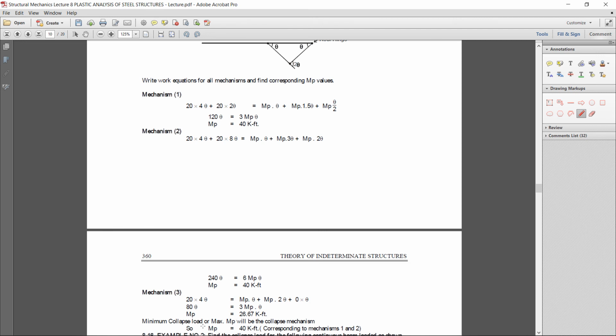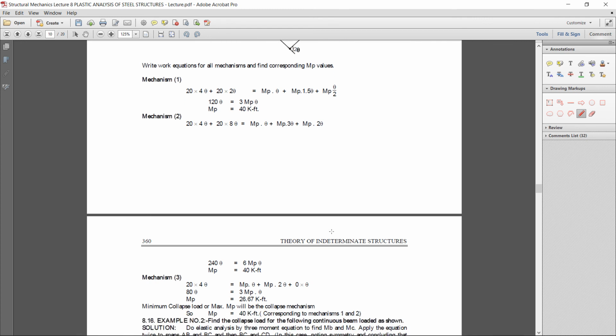So the minimum collapse load, or the maximum Mp, will be the collapse mechanism. So Mp is 40 cubic feet corresponding to mechanism 1 or 2, that by chance is the same. If there are multiple, 5 or 6 mechanisms, the maximum plastic moment will govern the minimum collapse load, or the maximum plastic moment will be the collapse mechanism.